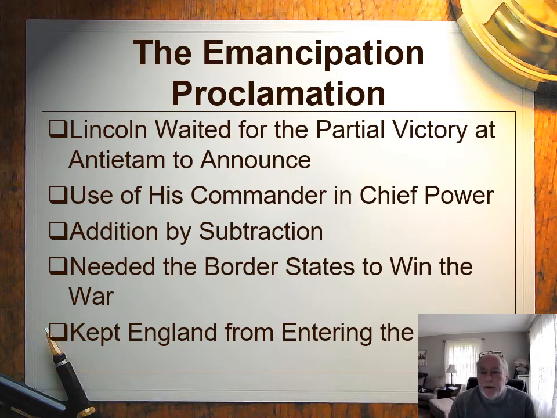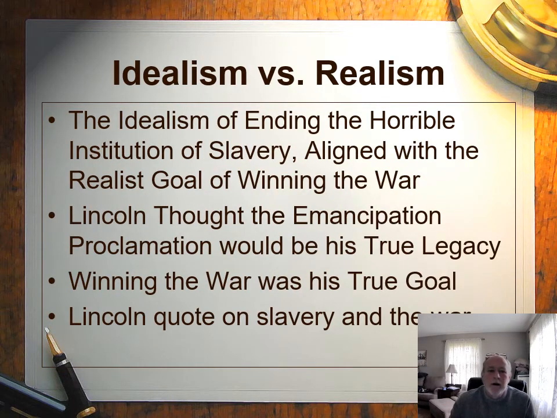They had stopped the slave trade earlier, in 1807. In 1833, they abolished slavery in its colonies. So it very well couldn't support the South and its pro-slavery stance. So the Emancipation Proclamation also kept England from entering the war.